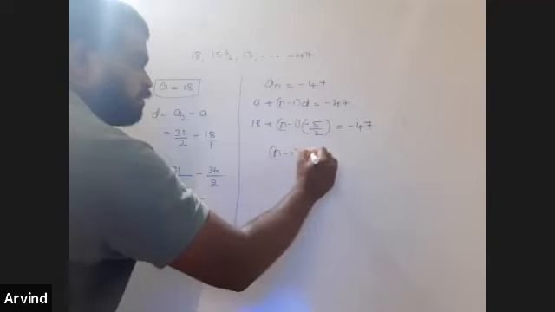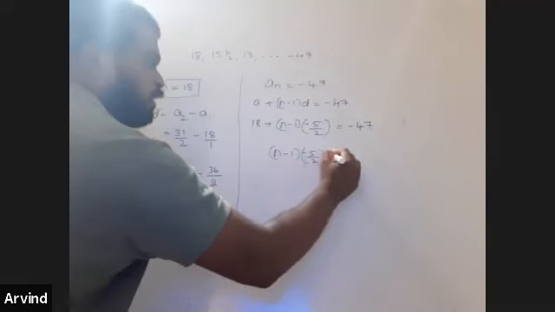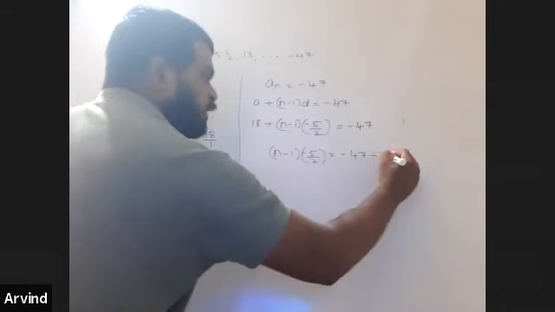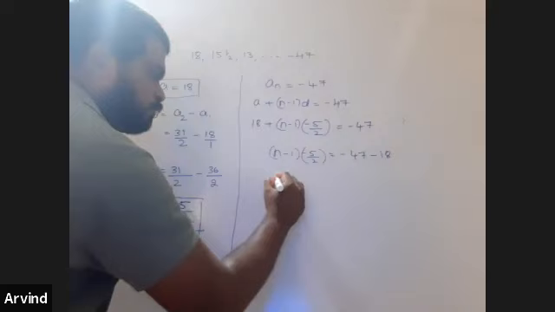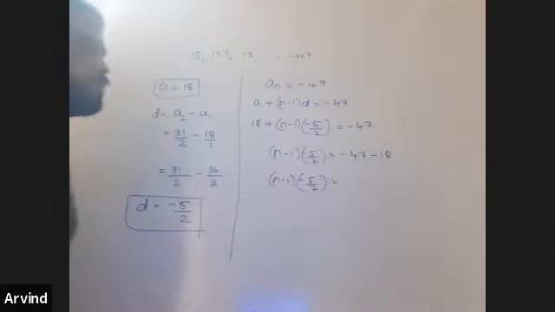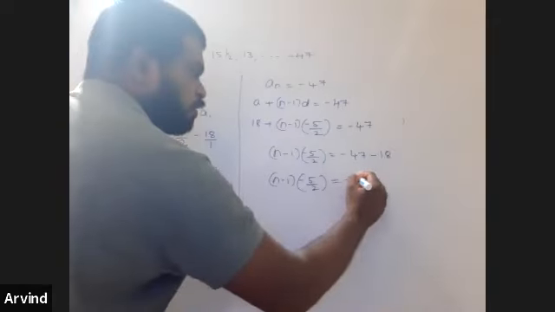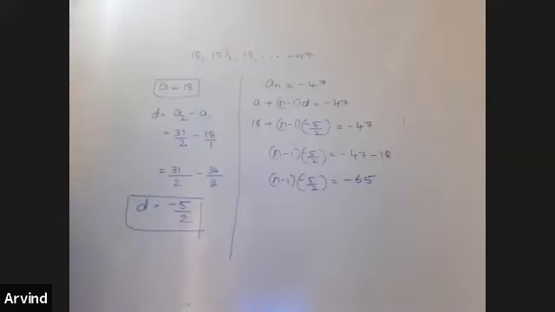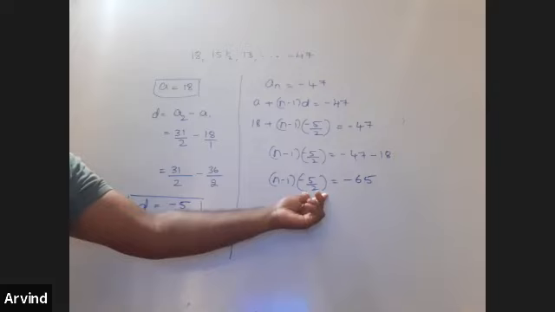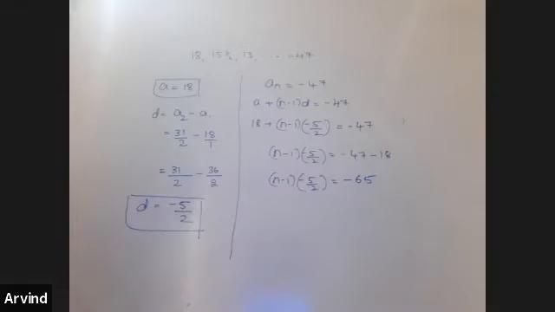N minus 1 into minus 5 by 2 equals negative 47 plus 18. If you transpose it, it becomes minus 18. Now, N minus 1 into minus 5 by 2 equals minus 47 minus 18. So minus 47 minus 18 gives you how much? 55 minus 65, if I'm not wrong. Minus 65. And observe carefully, the minus 5 by 2 is not needed, so if you send it that side, it will become the reverse.